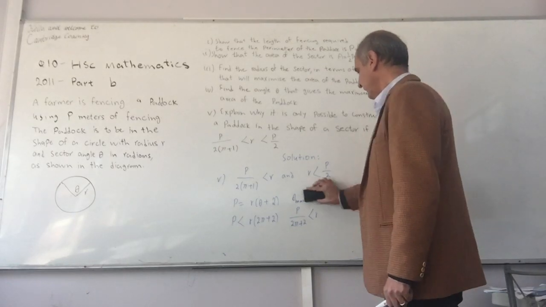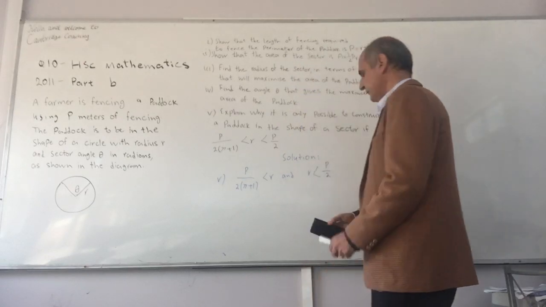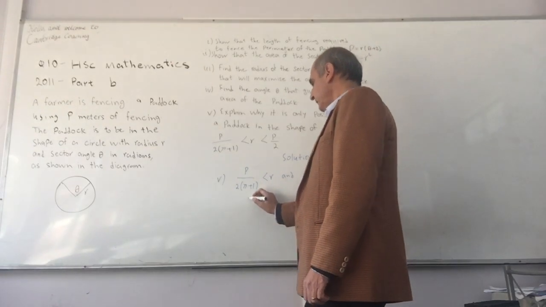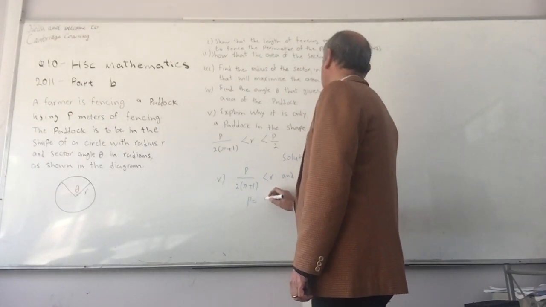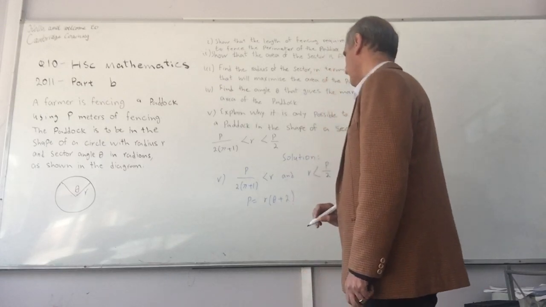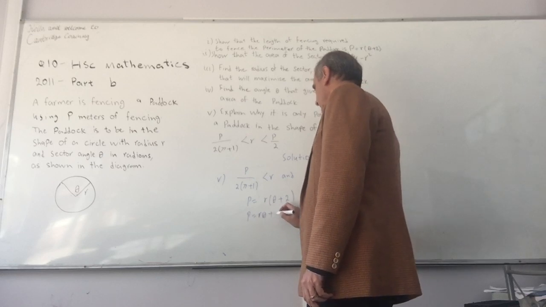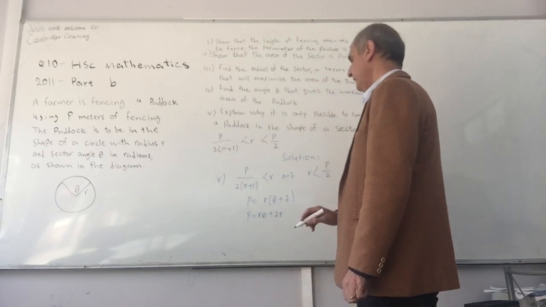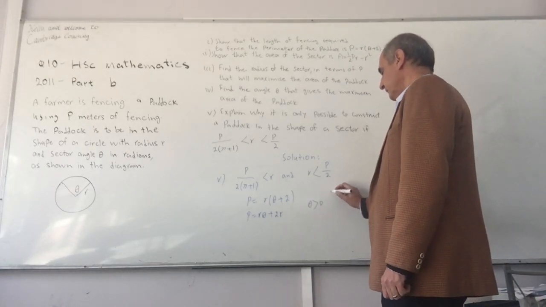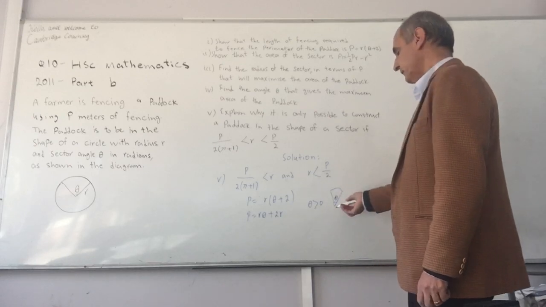For the other inequality, we've got to show that R is less than P on 2. Again, using the same equation that we had, P is equal to R theta plus 2R. Again, to have a sector, theta has to be greater than 0, because otherwise, if theta is 0, we don't have a sector.